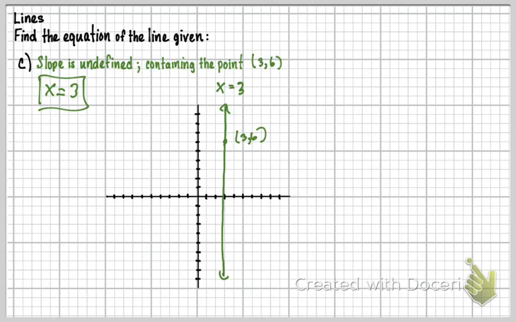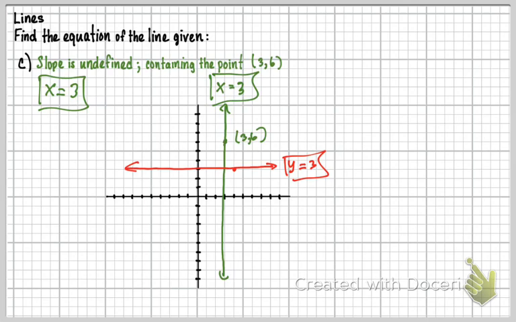So I go over 4 and up 3, it's going to be here. So there's the point. And since the slope is 0, guess what? It's going to give me this line here, which is y equals 3. And then my other equation is x equals 3. So that's dealing with these vertical and horizontal lines.